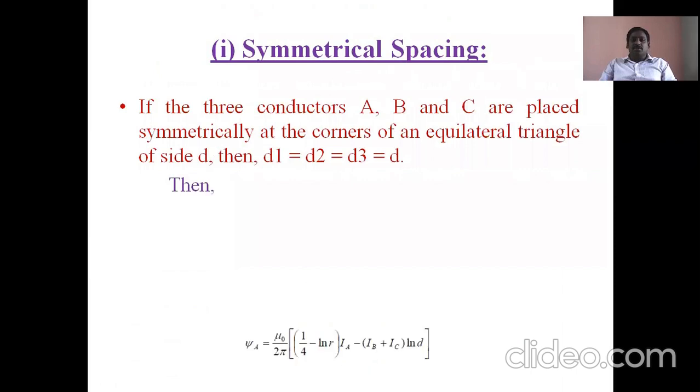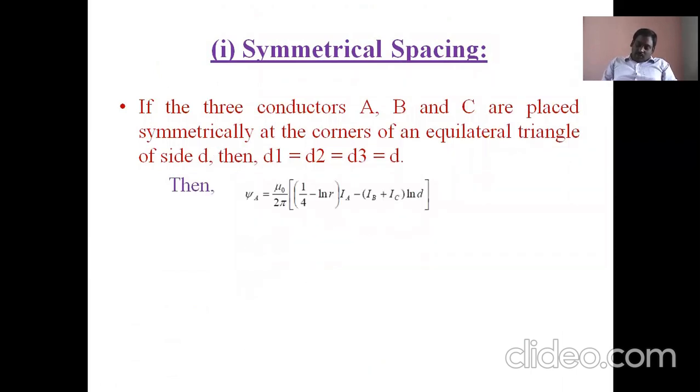So then psi a is equal to mu naught by 2 pi times 1/4 minus natural logarithm of r into Ia, plus 1/4 minus natural logarithm of d1 into Ib. d1 means this d here, because d1 is equal to d2 is equal to d3, plus 1/4 minus natural logarithm of d into Ic.